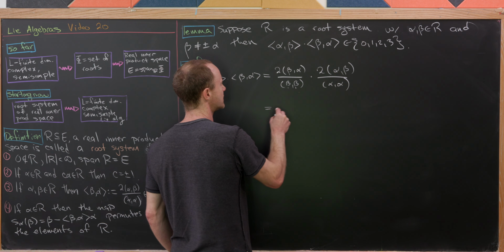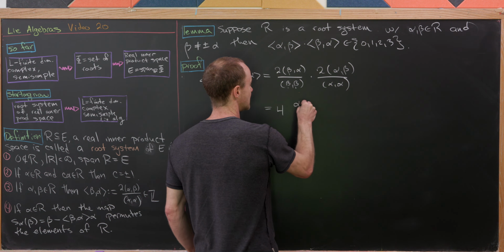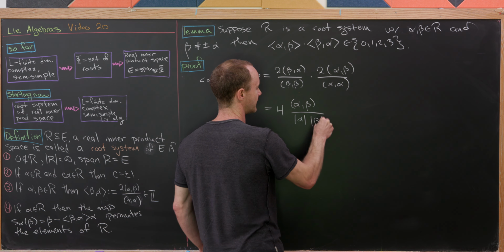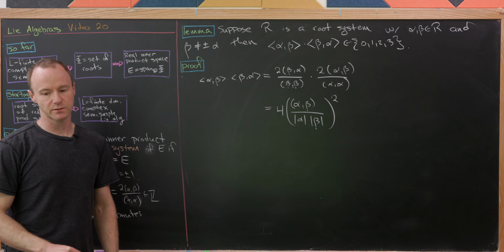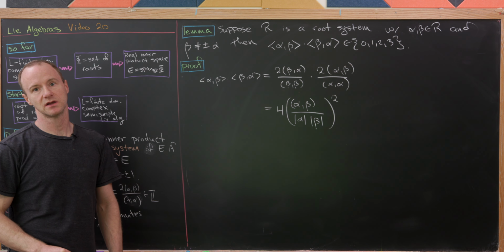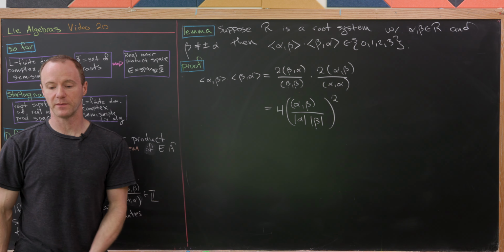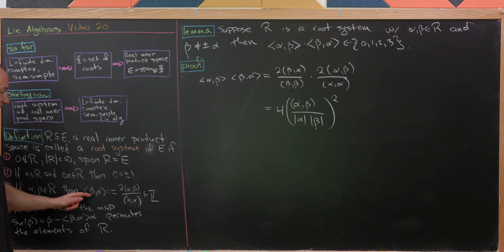But now let's notice that this is simply equal to 4 times the inner product of alpha beta over the length of alpha times the length of beta, all squared. And that's because, well, now it's a symmetric bilinear form, and that means that beta alpha is the same thing as alpha beta, whereas the angle bracket is not symmetric. You could have angle bracket alpha beta not equal to angle bracket beta alpha. Maybe I should have pointed that out, but I think it's pretty clear by the definition right here.